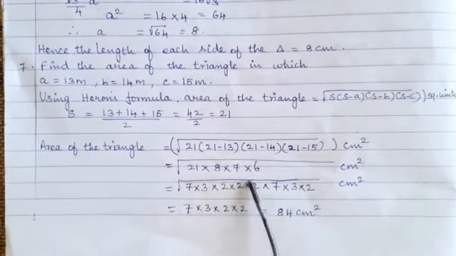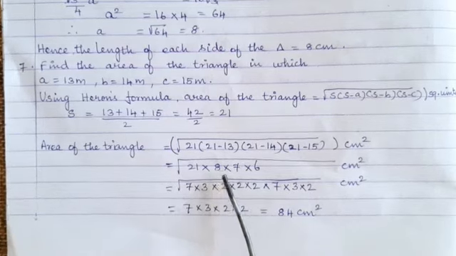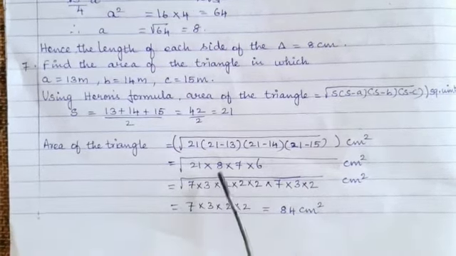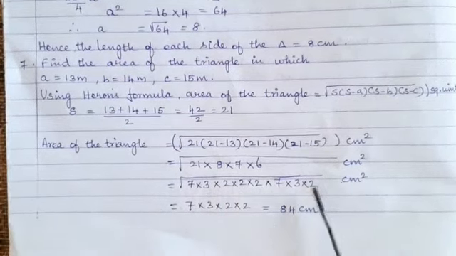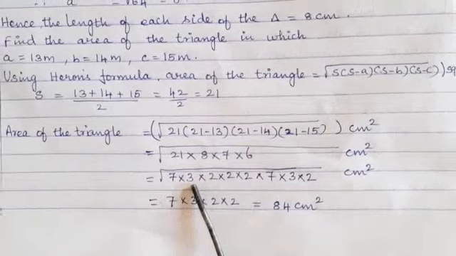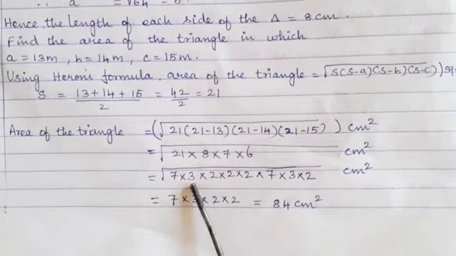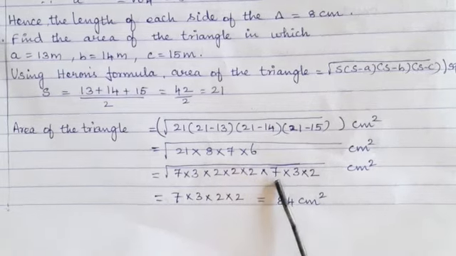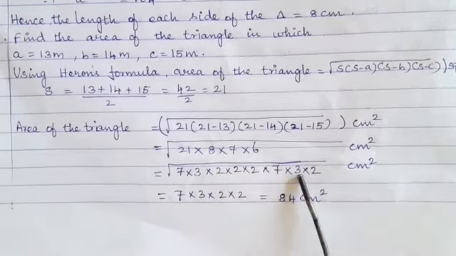Then you simplify it, that is 21 into 8 into 7 into 6. There is no need to multiply here, you split it into the prime factors. 21 we can split as 7 into 3. 7 and 3 are prime numbers. Then 8, 2 into 2 into 2. 7 is already a prime number, and 6 is 3 into 2.